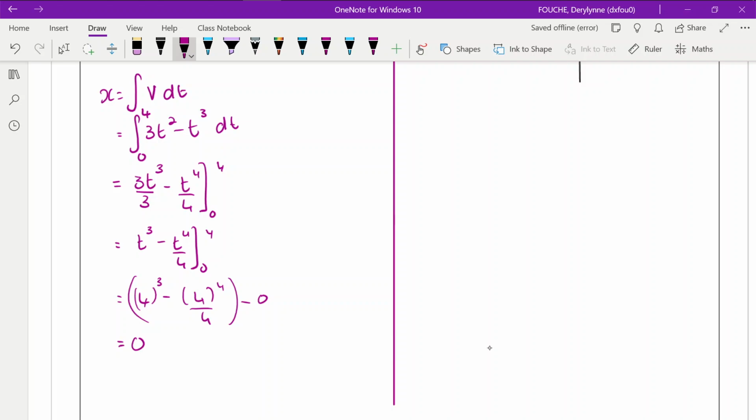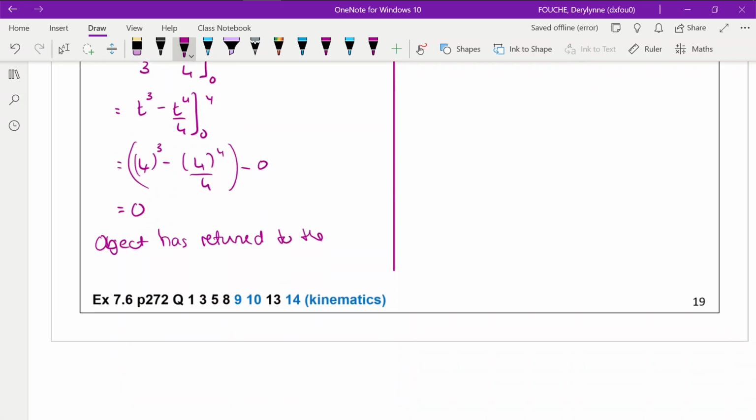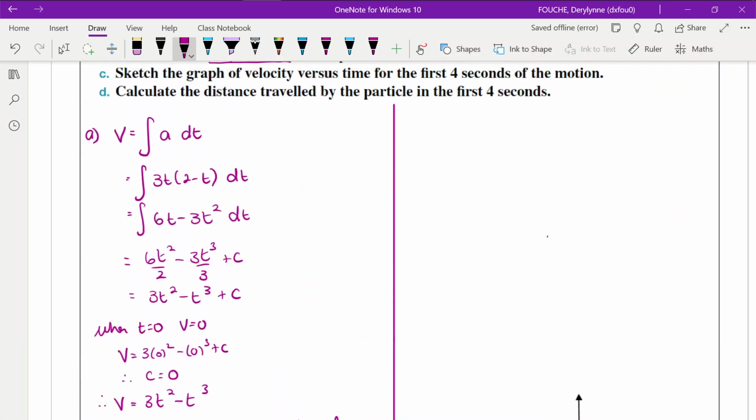What does that mean? It means that this thing is back where it started after 4 seconds. It has returned to the origin after 4 seconds. That's why I have a 0 displacement.